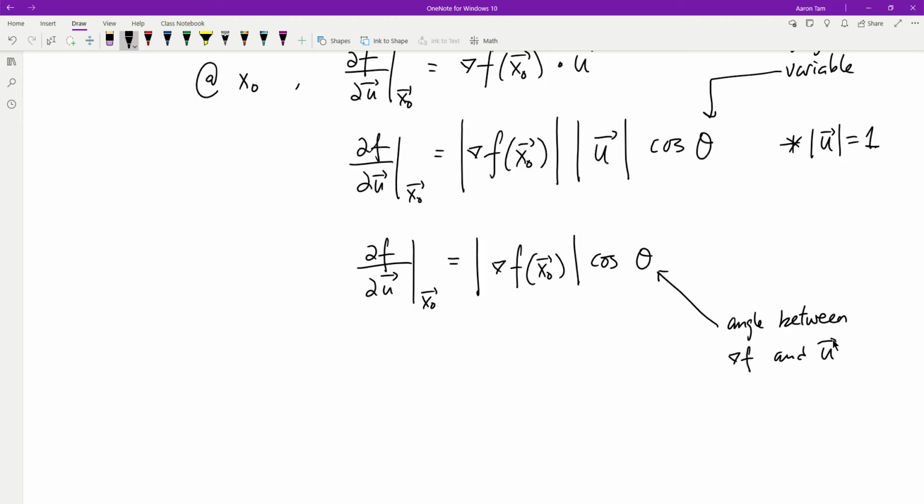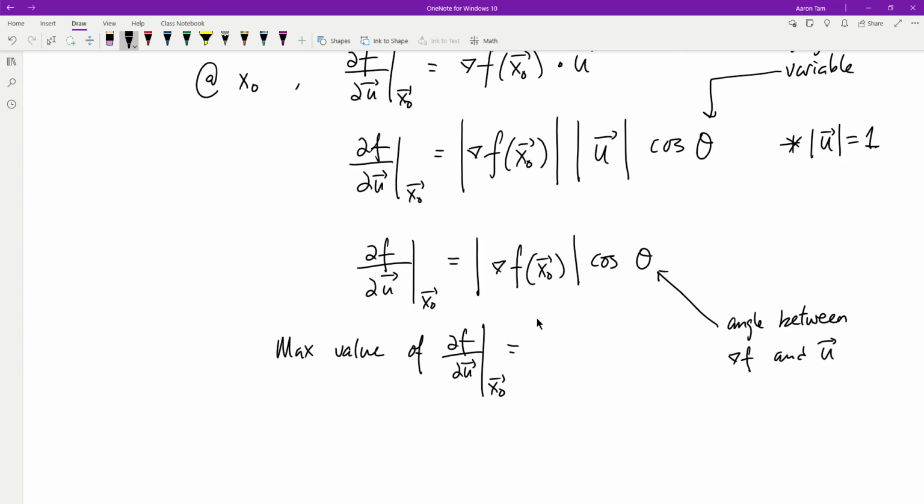Now, let's examine what is the maximum value of this expression. The maximum value of df over d vector u at x sub 0 would be when this expression, the length of gradient of f at x sub 0 times cosine theta, is at its maximum. Now, the gradient of f at x sub 0 is a fixed vector, so it has a fixed magnitude.